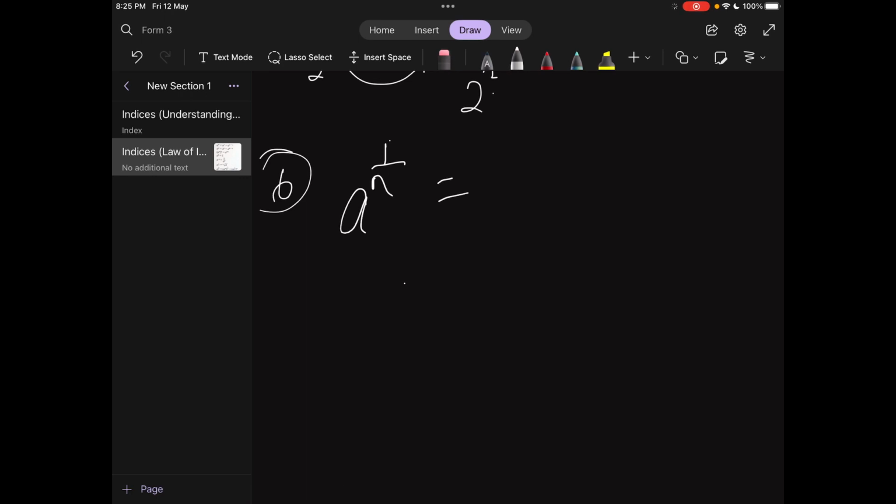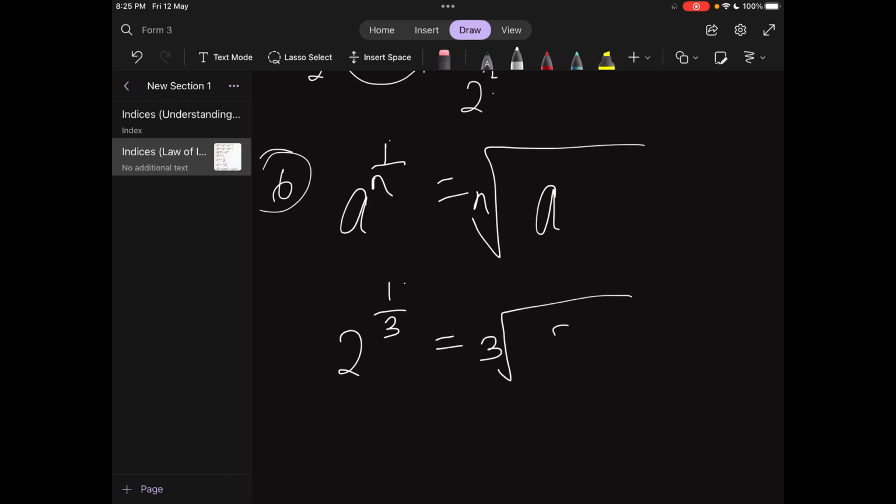This is where we are introduced to the root in the index notation. For better demonstration, I will use numbers. So a is 2, then n will be 3, as we have mentioned before. So this will be the cube root of 2.